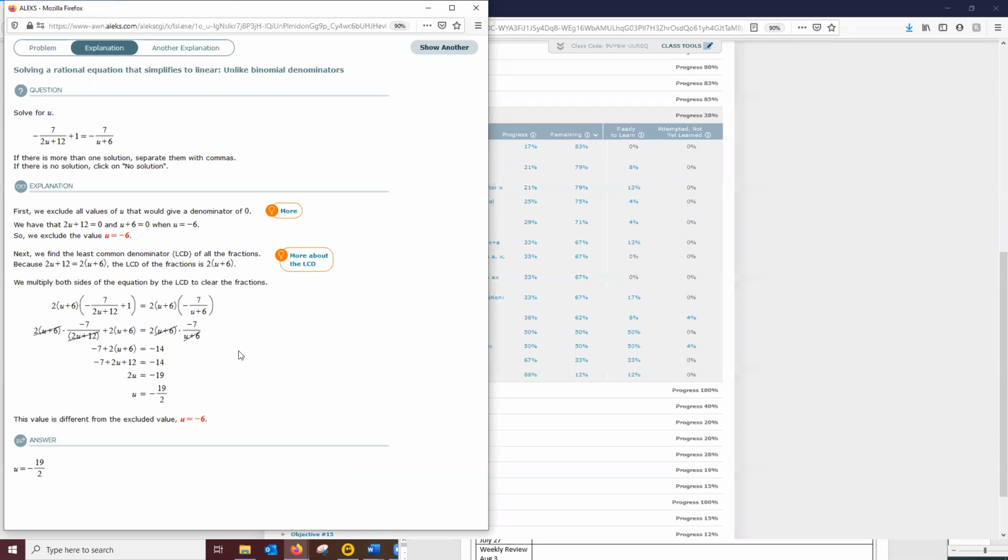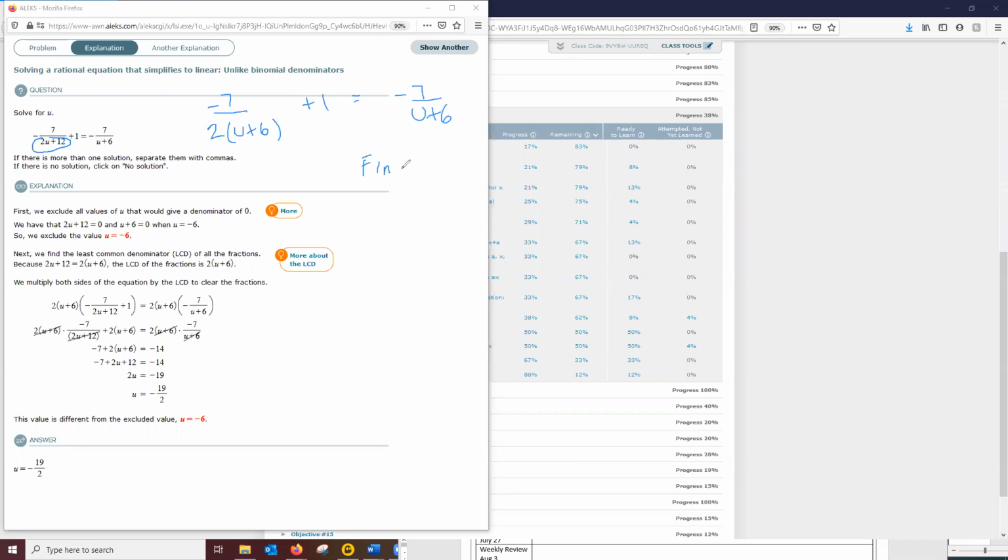All right, so first let me find the LCD. Well, to find the LCD, I'm going to factor these denominators. You might notice I could take 2u plus 12 and write it as 2 times u plus 6. Now let me find the common denominator.